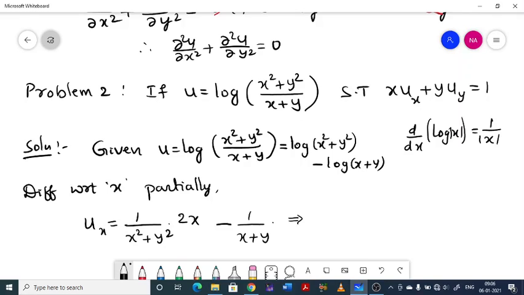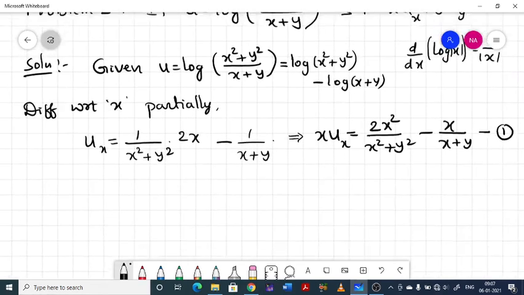So from this, x ux equal to 2x square divided by x square plus y square minus x by x plus y. Call this equation 1.